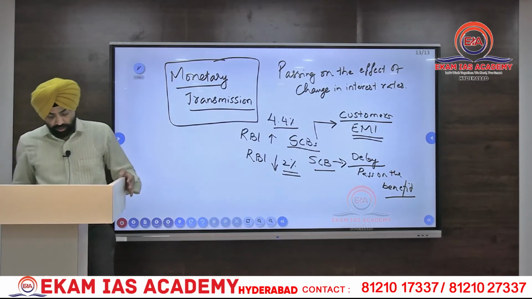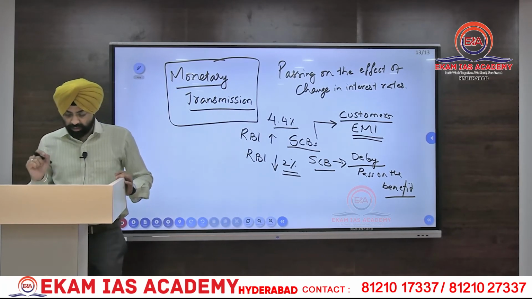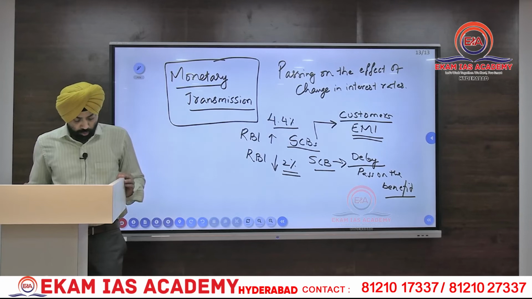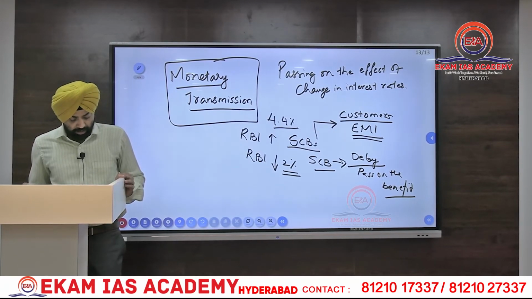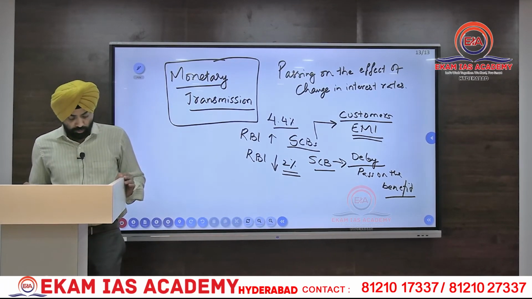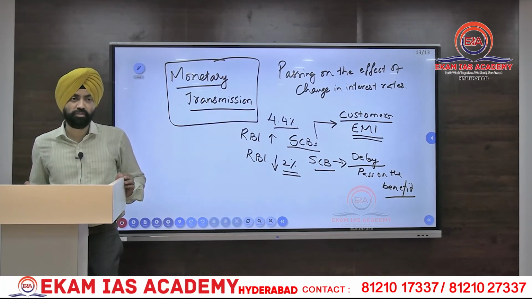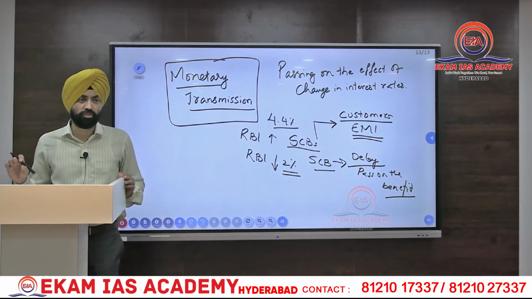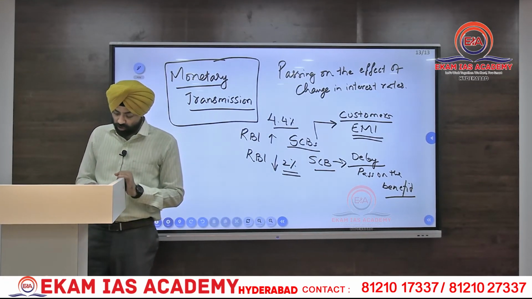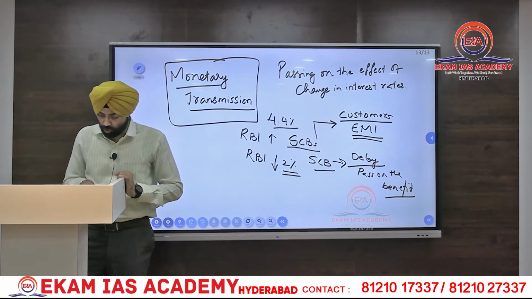Now they are trying to show how the credit has moved to the various sectors. 4.27, you see, non-food bank credit growth remained muted during the pandemic period. Then the credit to agriculture continued to register robust growth.